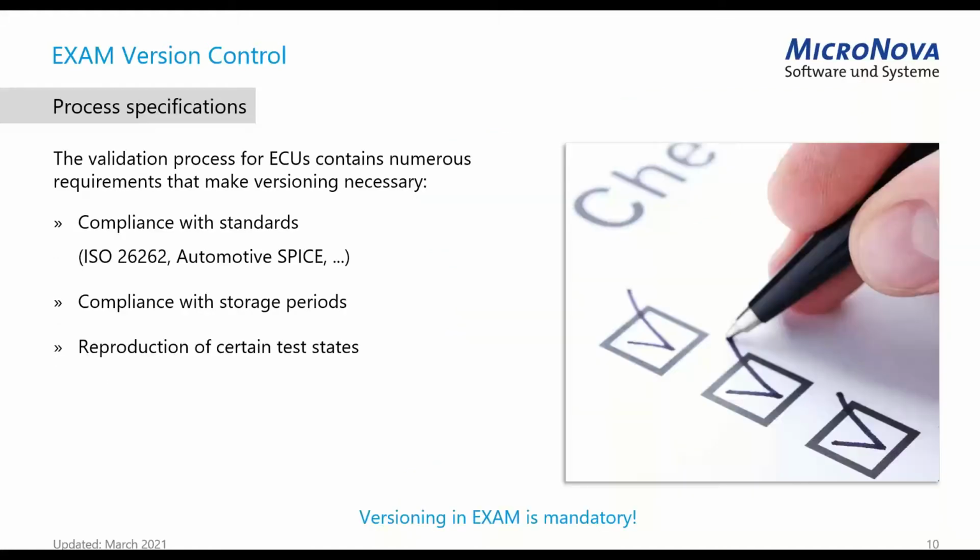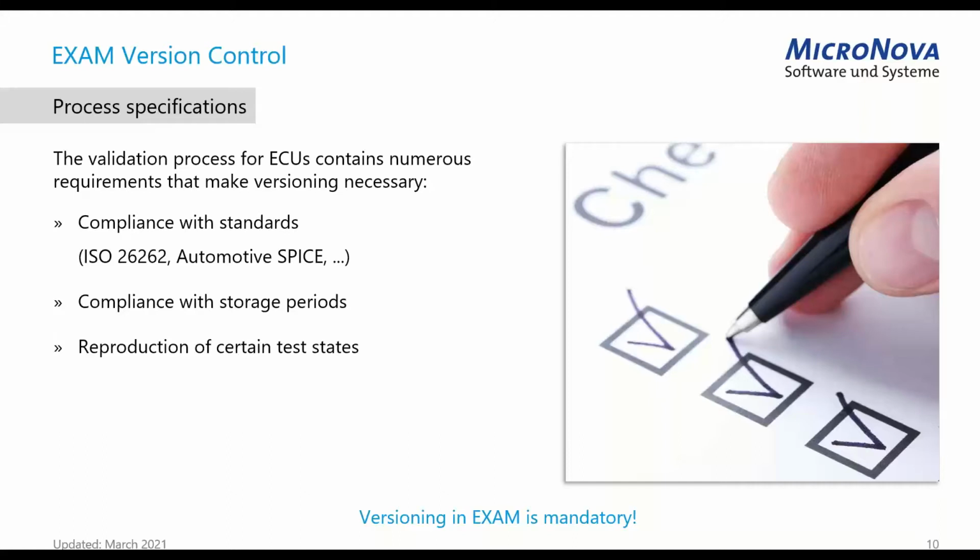There is another point of view on why a version control system makes sense, and it's the specifications from a process side. For the validation process for ECUs, you can always find numerous requirements that make version control for your testing strategy absolutely necessary.